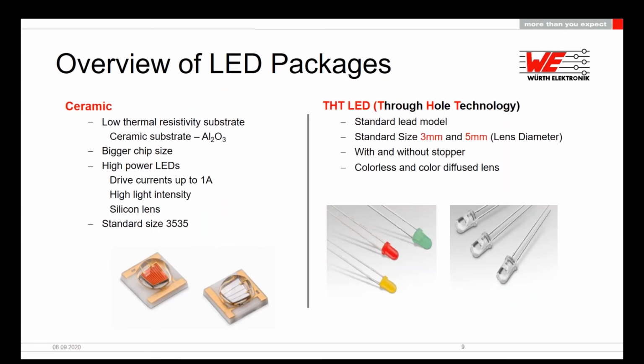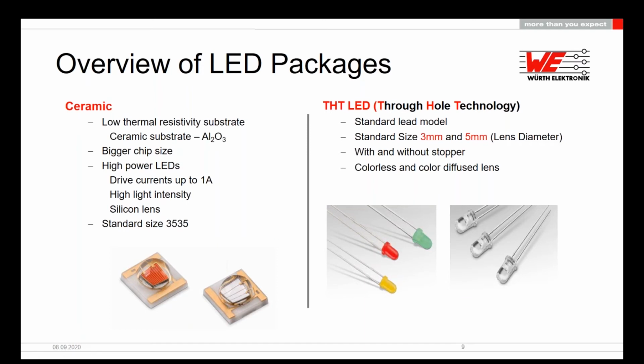The next is our ceramic LED. The ceramic LED is made of top quality materials, with a white ceramic substrate and gold. The silicone lens and the ceramic substrate provide low thermal resistance.